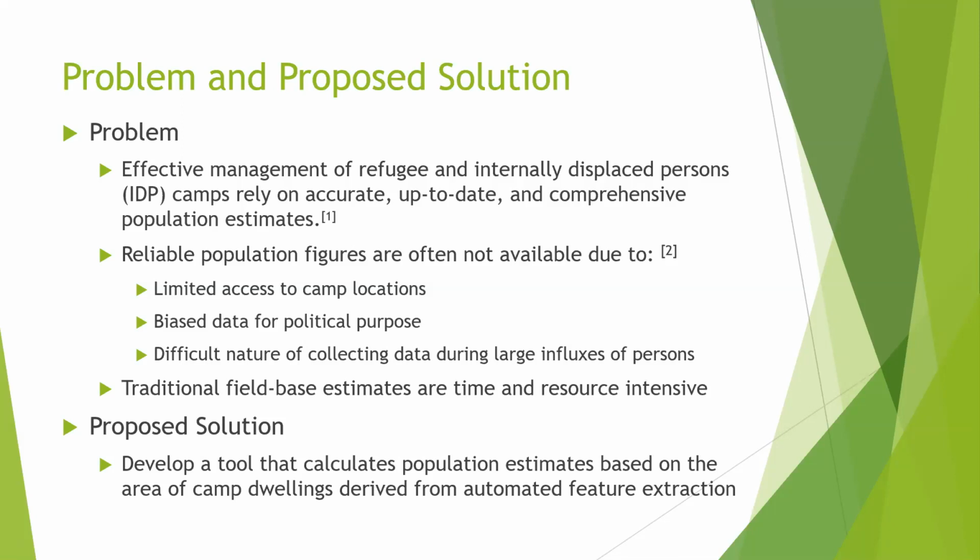Additionally, there's difficulty collecting data during a large influx of persons. And lastly, traditional field-based estimates are often time and resource intensive to collect. So for this project I propose to develop a tool that calculates population estimates based on the area of camp dwellings derived from automated feature extraction methods.